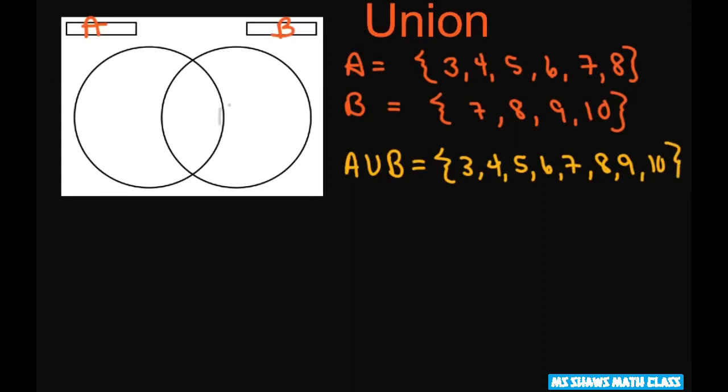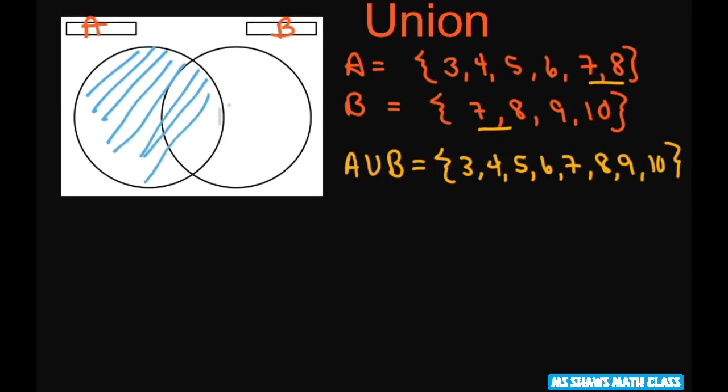Notice we didn't duplicate these two. It means it's a set of elements which are either in A or B, or in both A and B. If we shade the diagram, this would be either in A or B. It means everything here.